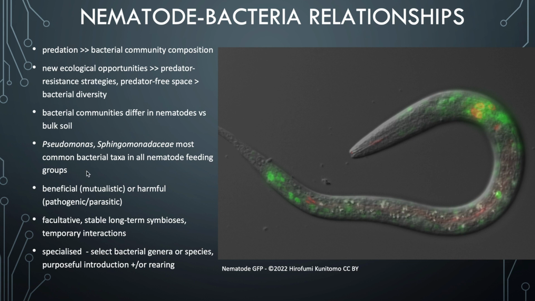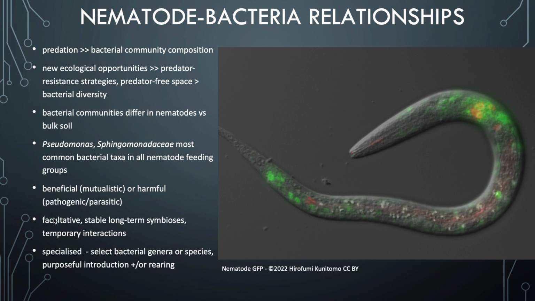But the relationships between bacteria and nematodes can be beneficial, and that means mutualistic, where both partners benefit, or actually harmful, where the bacteria are pathogenic or parasitic within the nematode. They can also be obligate, so that means that the bacteria can only survive within that particular nematode, and cannot live outside of that nematode.